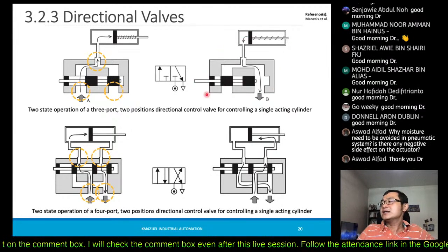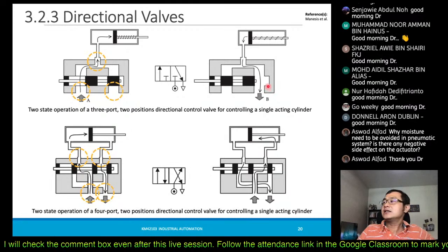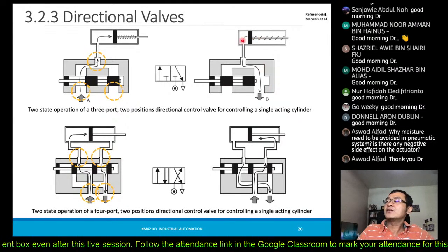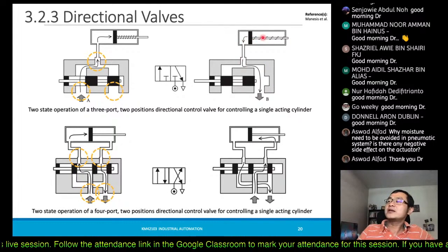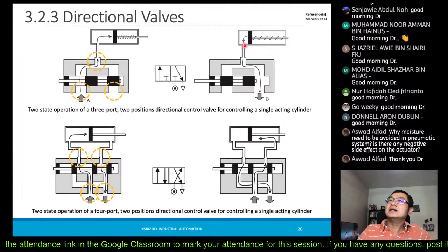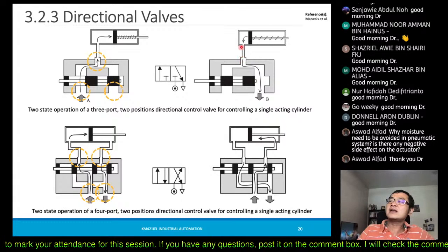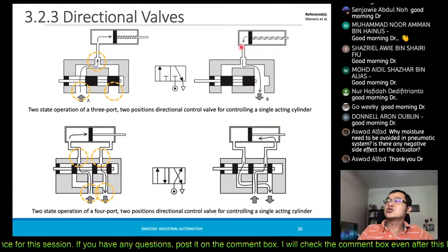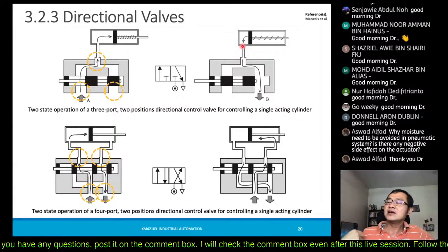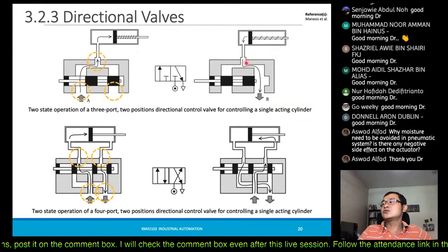Whereas in this state of operation you can see that the flow is now coming back. After you compress it, this single acting cylinder will want to retract. If you still block it, the air will not be able to release, so you need to allow it to release somewhere. So this valve allows it to be released.